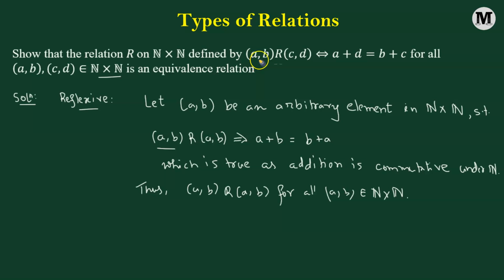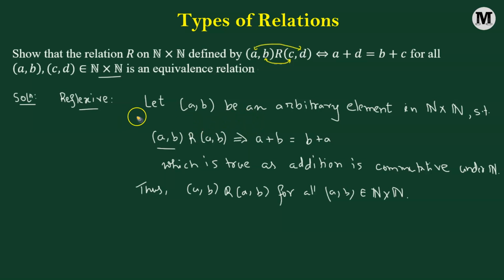It's given here that the ordered pair (A, B) is related to the ordered pair (C, D) if and only if A + D = B + C. Now what is A here? A is the first element of the ordered pair (A, B), whereas D is the second element of the ordered pair (C, D). So here we are adding A with D, and this is equal to the addition of B and C.